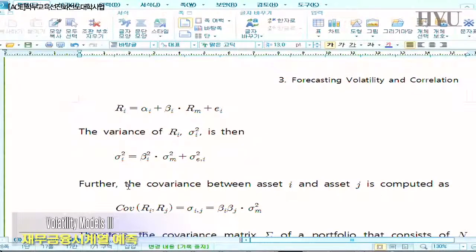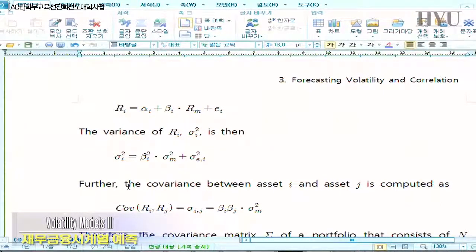So if you run OLS, you can estimate this and this one, right? If you have data, of course you can calculate this, so you can easily calculate this number and that number. That's basically the single index model.